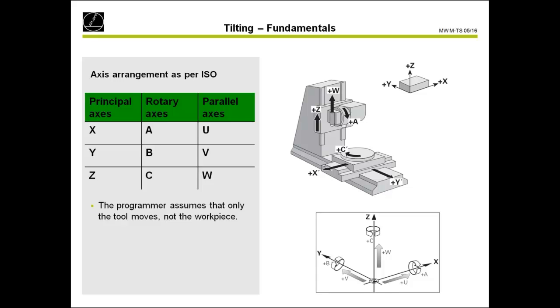That's very important, especially for customers who have a table machine, because they often want to move the workpiece, but this is not the correct way. You always program the tool, and the workpiece will not do any movement.